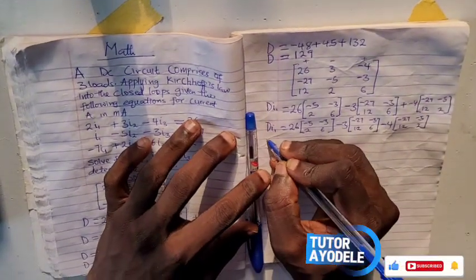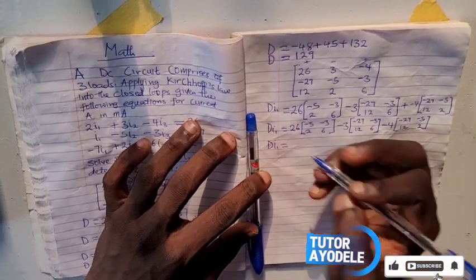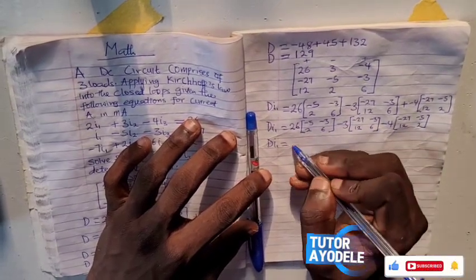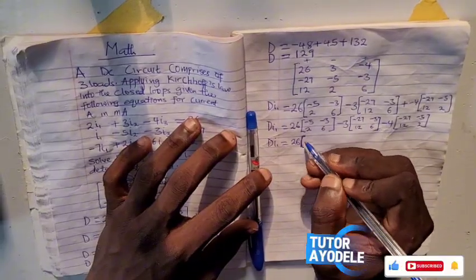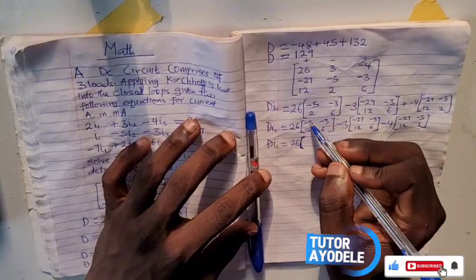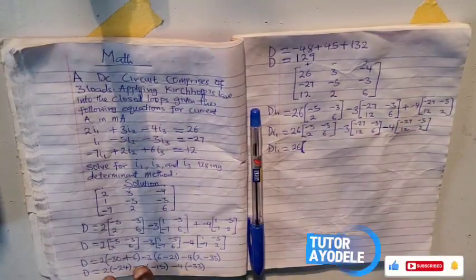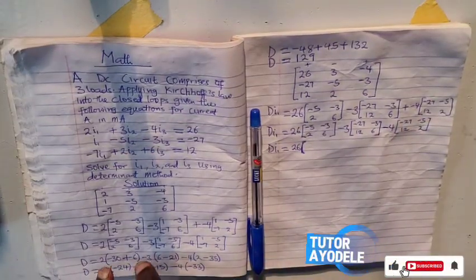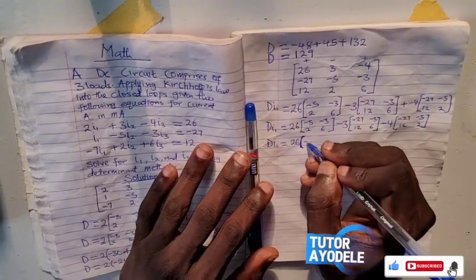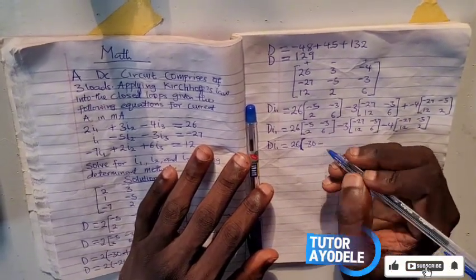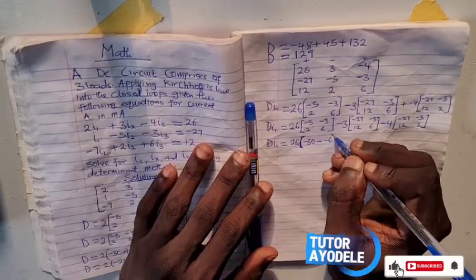All right, let's find the determinant. The determinant of I1 equals, so we have 26 open brackets, 5, this times this minus this times this, just as we did here. So minus 5 times 6 will be minus 30, minus 2 times minus 3 is minus 6.